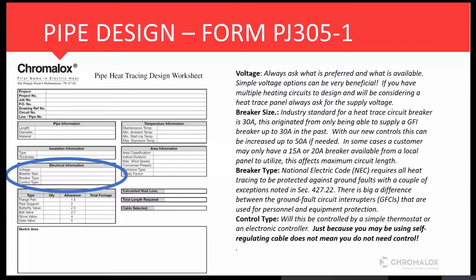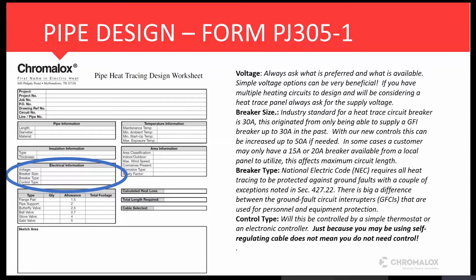And with the types of breakers we're using now, we can get them up to 50 amp. So keep that in mind. Where this will really play in is if a customer has an existing lighting panel somewhere, and says, hey, I've got one circuit I want for heat trace, I've got a 15 amp breaker available. That's where you need to know that breaker size. So keep that in mind, because that's obviously going to affect your circuit lengths. It's going to affect everything to do with the circuit.